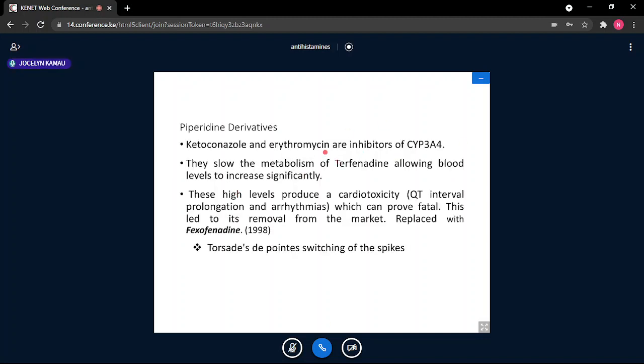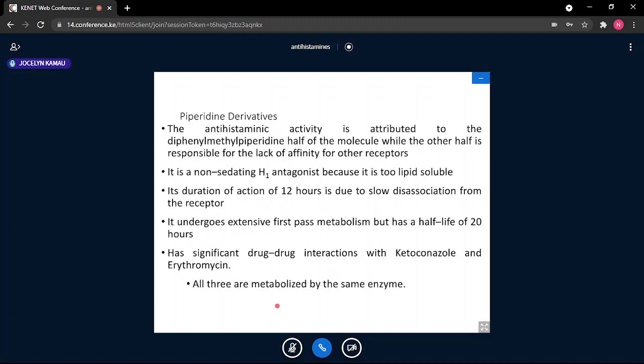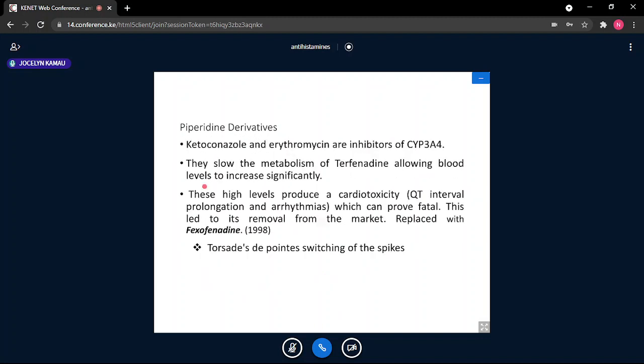Ketoconazole and erythromycin are inhibitors. Because they are metabolized by the same enzyme, there is competitive inhibition, and they are also inhibitors of cytochrome 3A4.